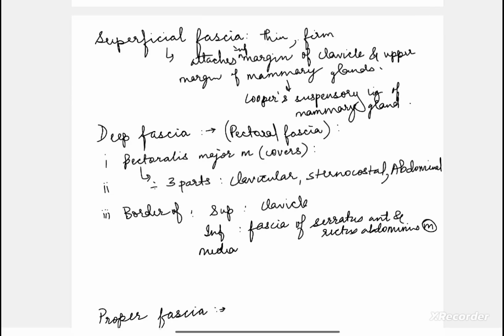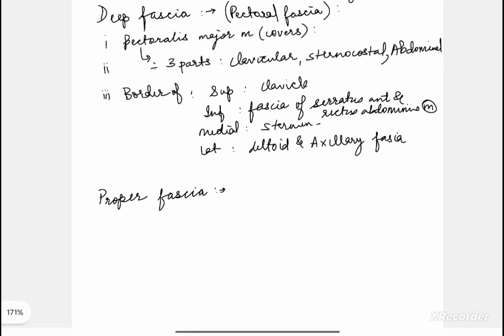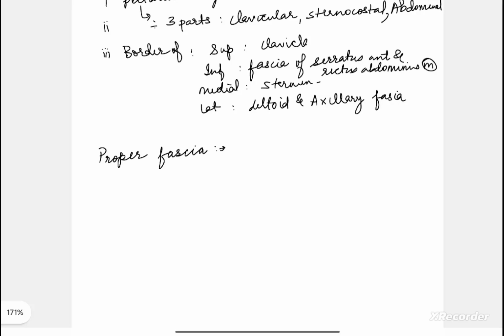Medially there is the sternum, and laterally deltoid and axillary fascia. Now next is the proper fascia. Now this proper fascia is called the clavipectoral fascia.